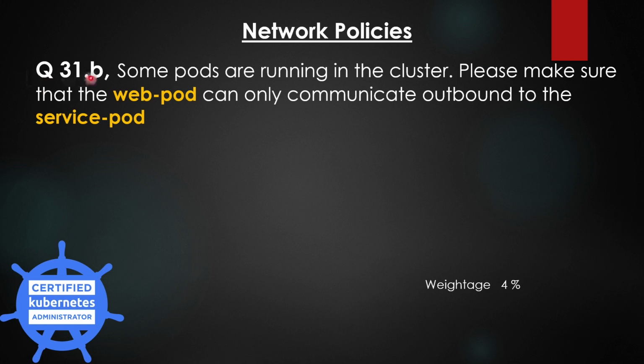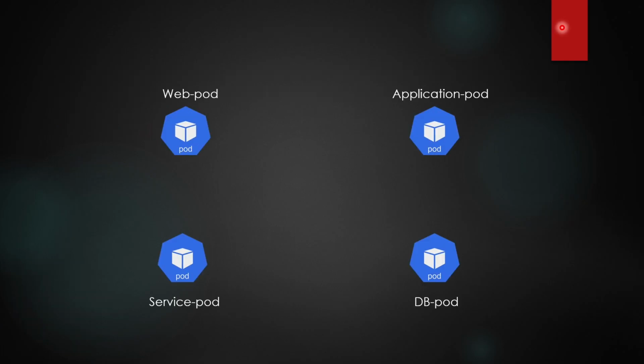The next question is, some pods are running in the cluster. Please make sure that the web pod can only communicate with the service pods. So in this question, we have to apply an egress policy on the web pod in order to control the outbound connection. Okay, I will explain with the help of the diagram. We have a few pods.